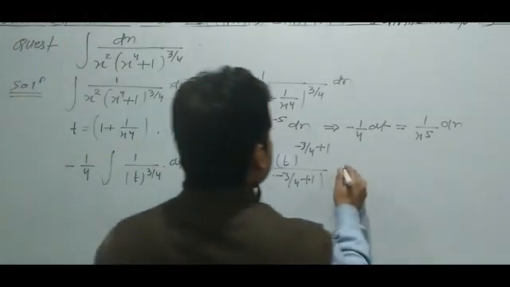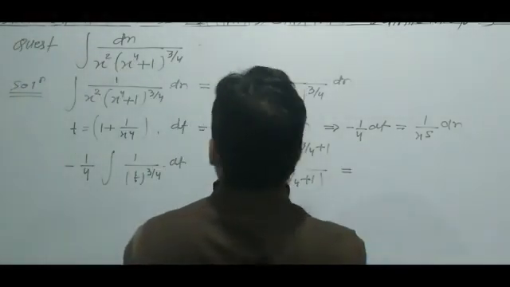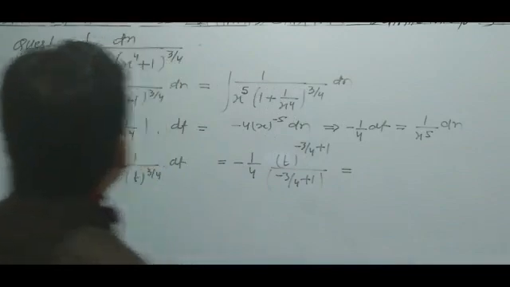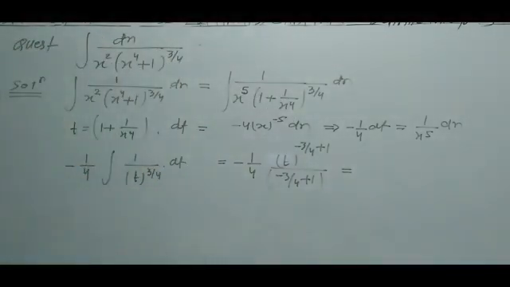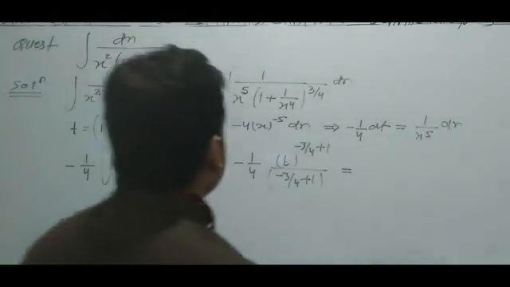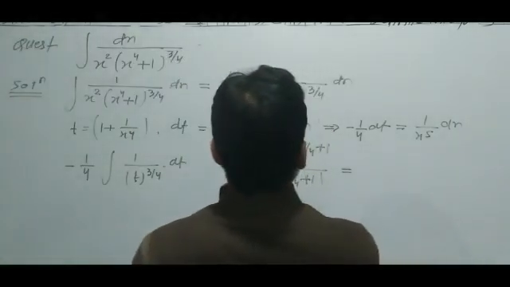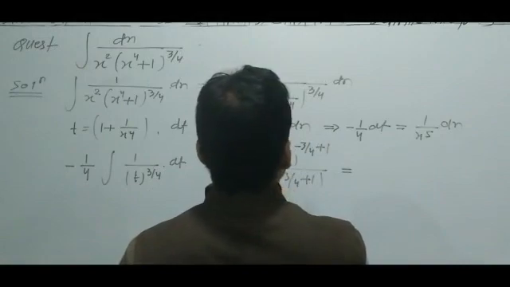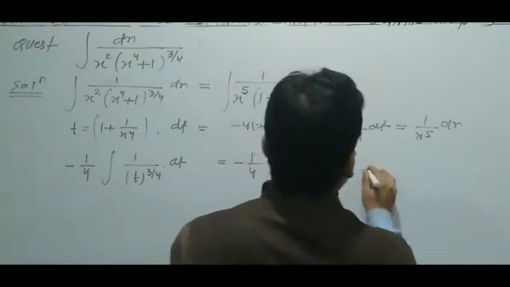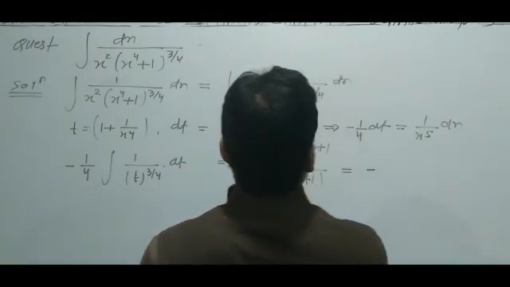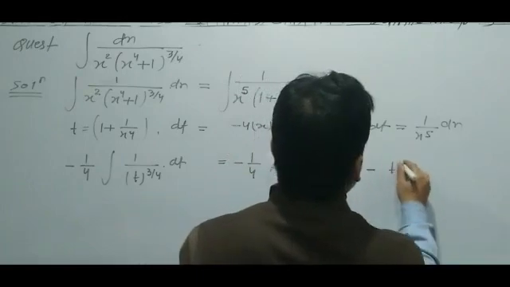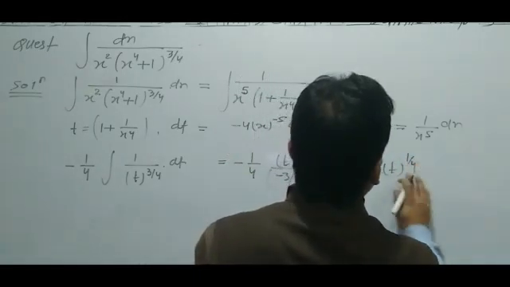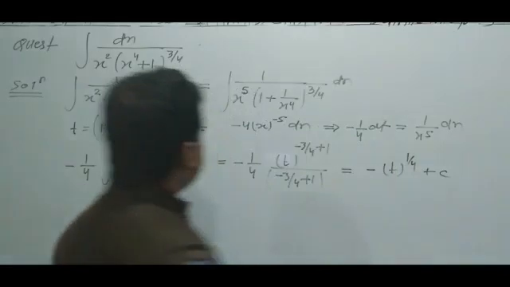Now t we have considered this 1 plus 1 upon x to the power 4. So what you will get as the result? This result is 1 by 4, so cancel out, after 1 by 4, minus t to the power 1 by 4, and now plus c.